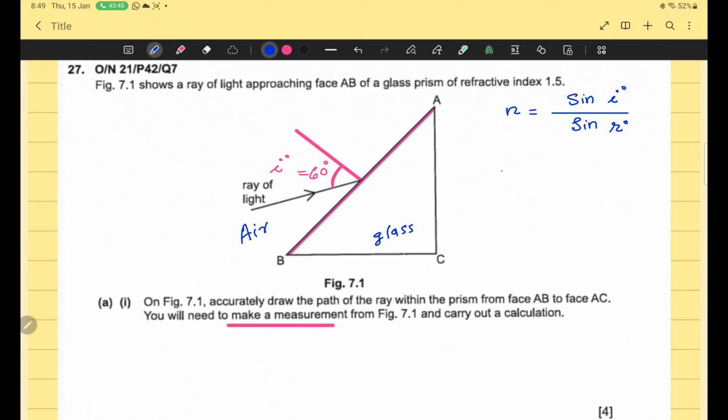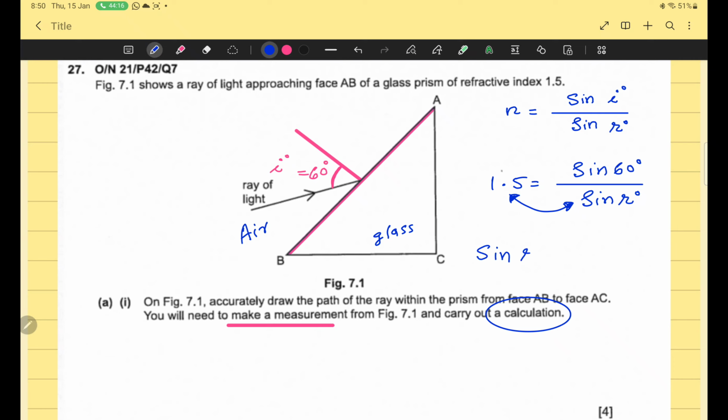So angle I is 60 degree, measured by protractor. Refractive index is 1.5. You have to calculate sine R. So this sine R with 1.5 interchange their position.